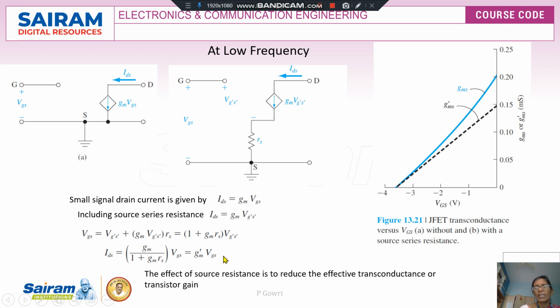Finally, we can conclude that the effect of source resistance is just to reduce the effective transconductance or the transistor gain. That is, when I include the source resistance, it will result in a reduction in the transconductance, or a reduction in the transistor gain. That is given here in this graph.